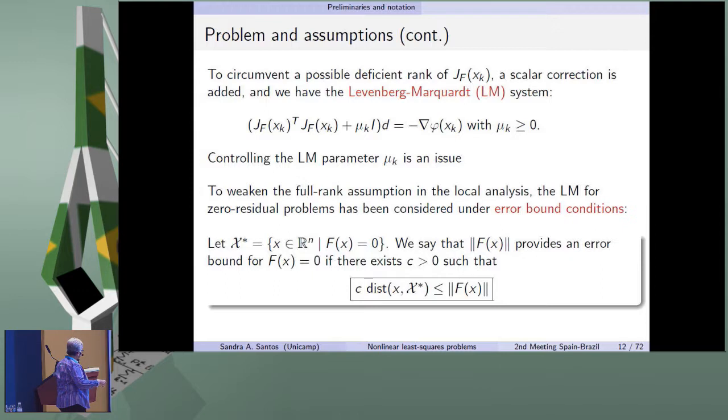For example, if we take our solution set as the set of points in which we have zero residual, then we say that the norm of the residual provides an error bound for the set of equations if there exists a constant such that this relationship holds. Notice that this constant is in charge of adjusting the units, because we have to combine a unit in the domain and a unit in the range space.